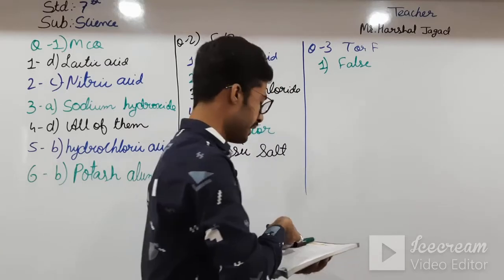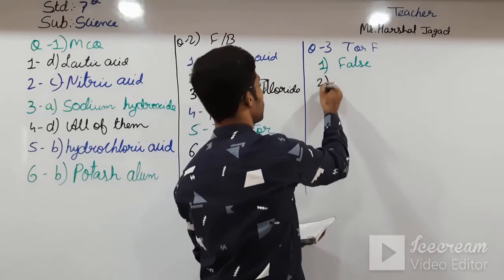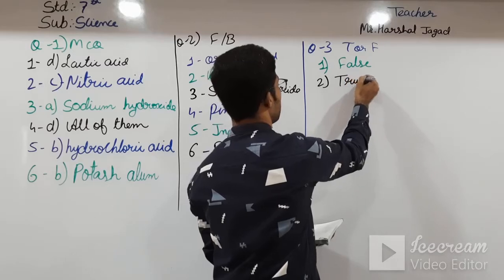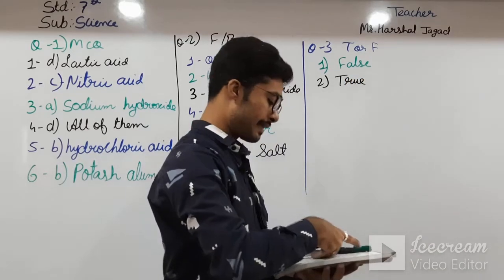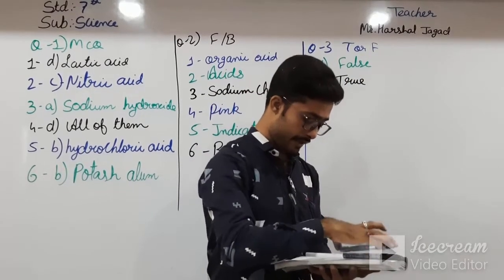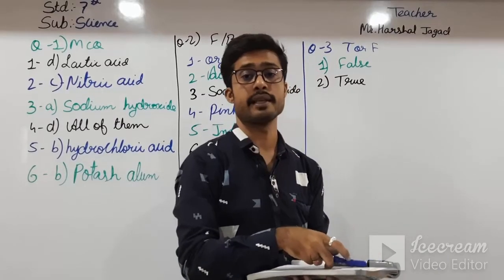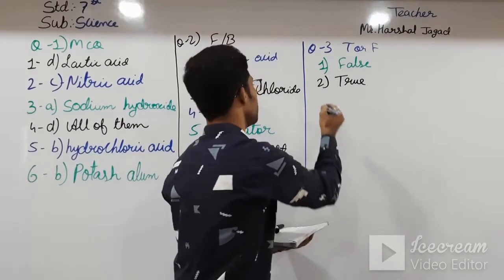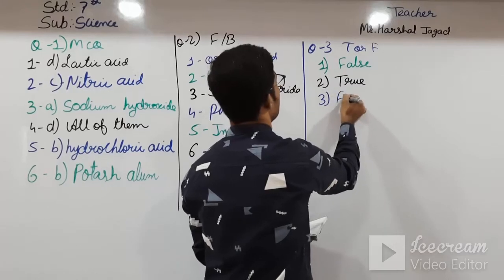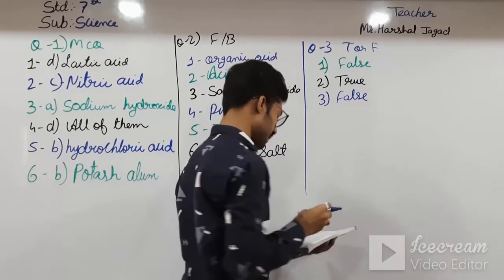It will be true. Acid with pH 1 is the weakest acid. No, it is the strongest acid, so the third one is also false.